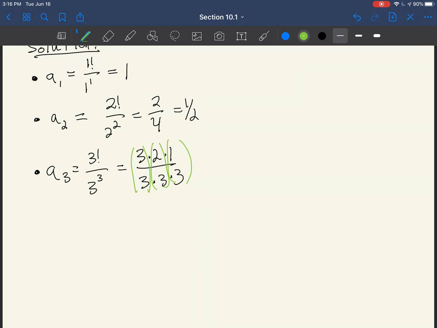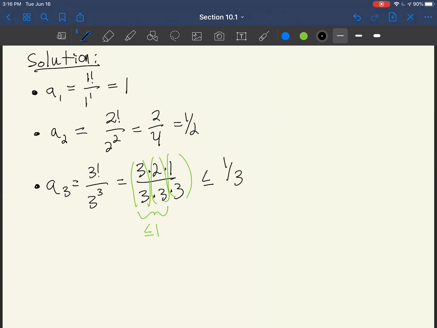So in particular, combining the first 2 fractions, we see that this is less than or equal to 1, and then we're just left with the third fraction. So this all together is less than or equal to 1 times 1/3, which is 1/3. And notice that the first term is less than or equal to, it's actually equal to, 1 divided by 1.